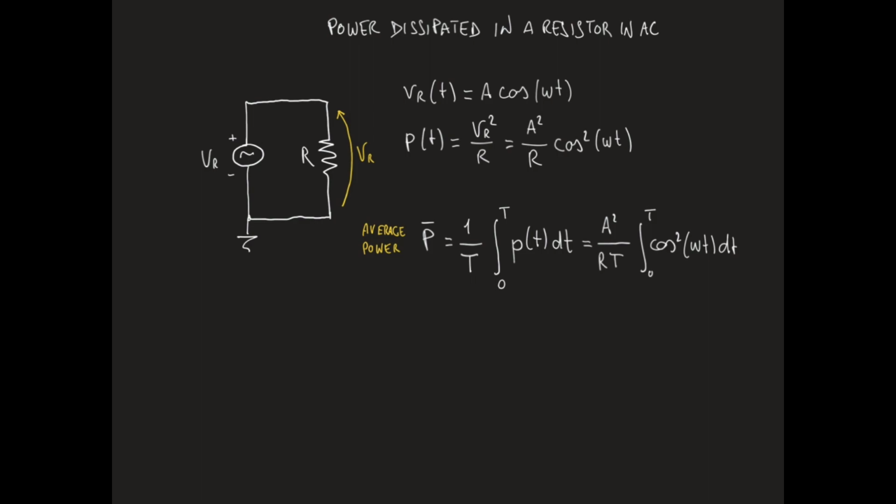Now the cosine squared of x is equal to 1 plus the cosine of 2x divided by 2.